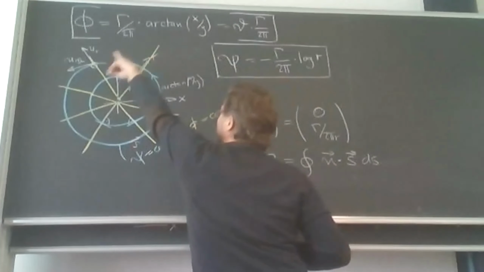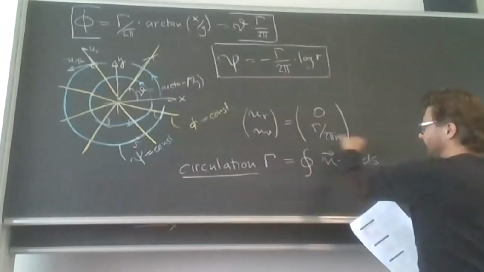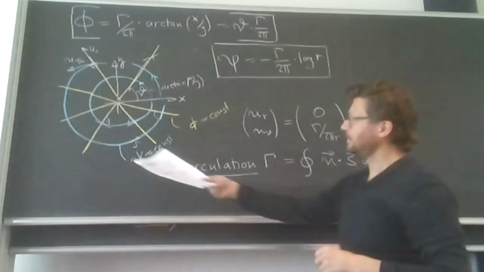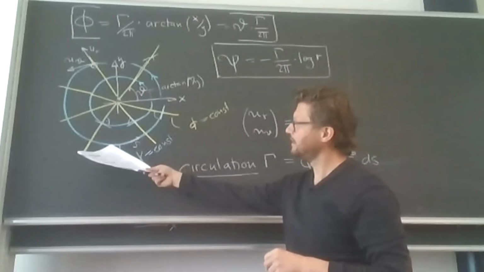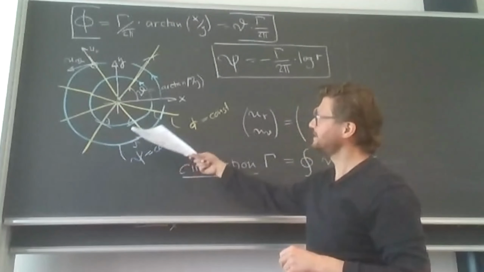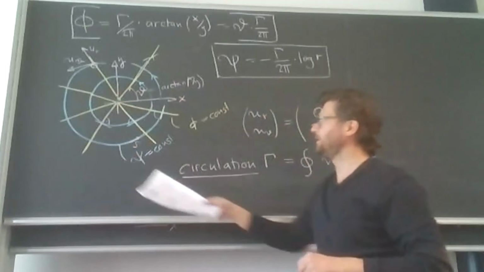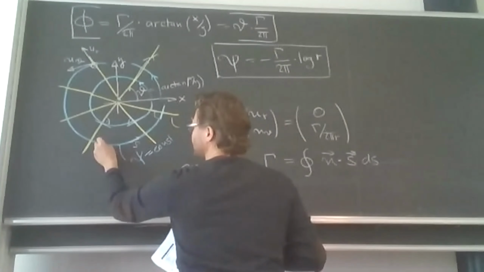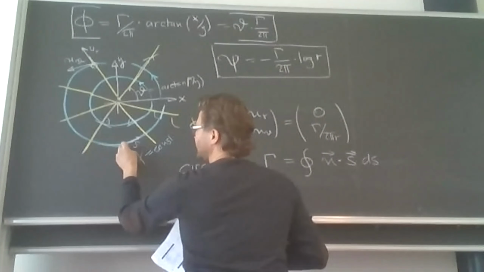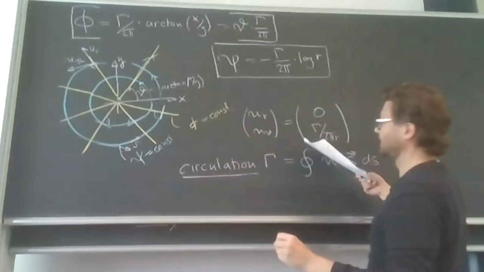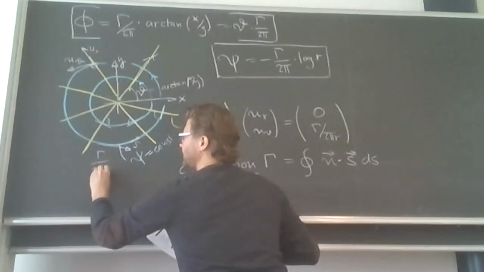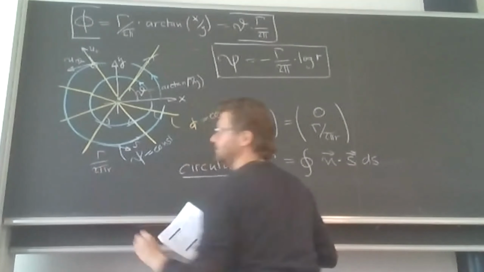So we go once around and add up all the velocities along this circle. Let's do that. So for this circle here, with a certain radius r, the velocity here is just gamma over 2 pi r, okay?